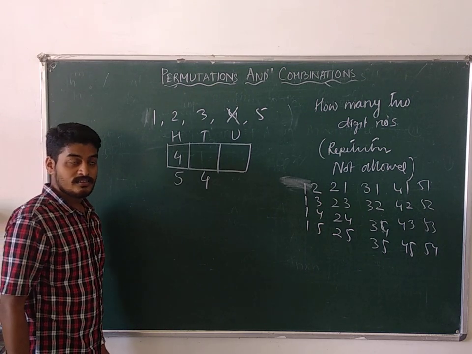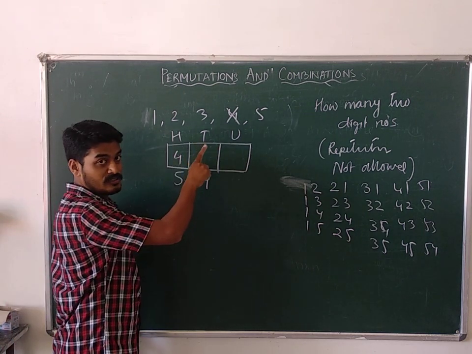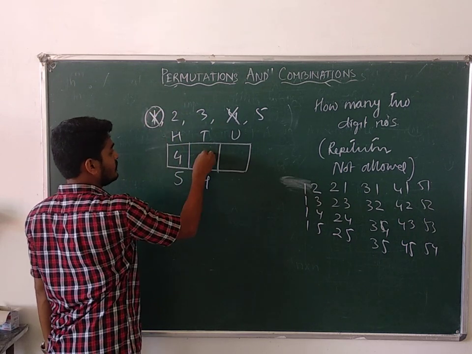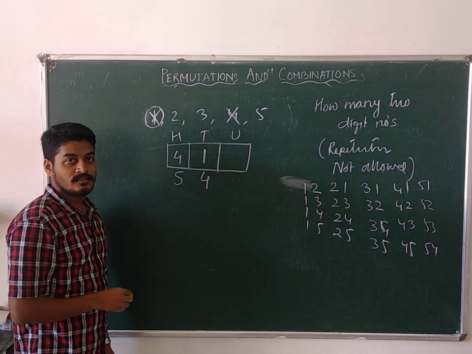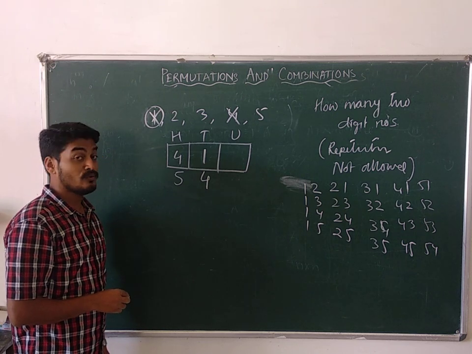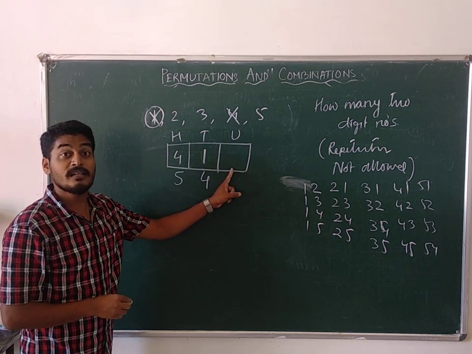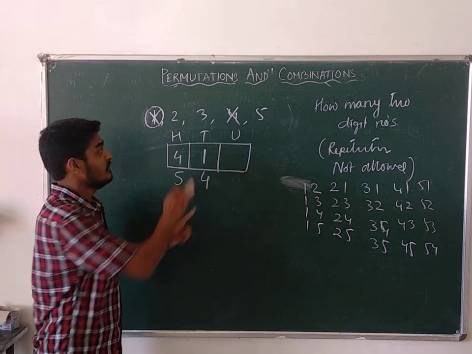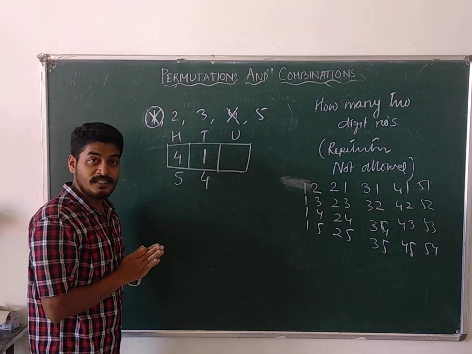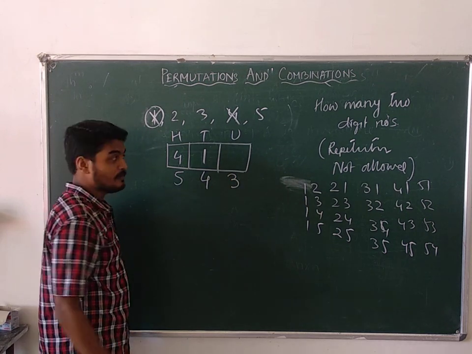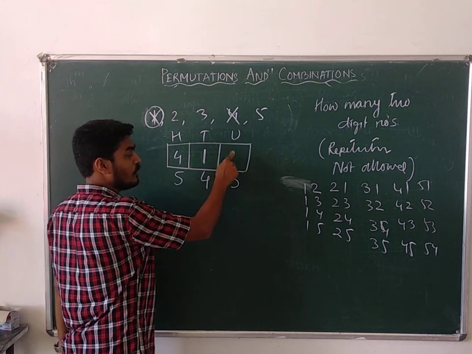Correct? Anyone you can easily consider to fill up this place. Suppose I have written 1 here. That means you cannot use 4 and 1 once again. To fill up this place, how many elements are left? 1, 2, 3. That means 3 possibilities. Here you can write 2 or 3 or 5.